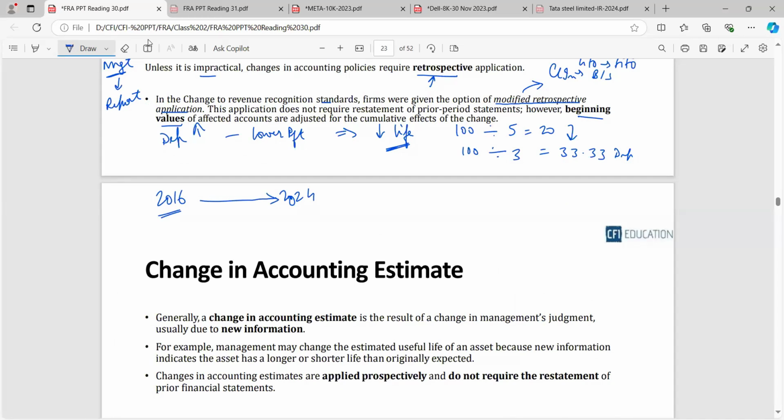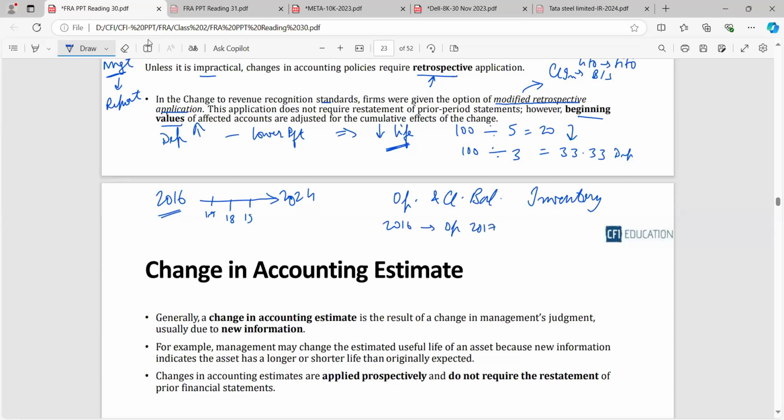But let's say we are standing at 2016. Instead of modifying all the years, 17, 18, 19, 20, and so on till 24, we will be changing the opening and closing balance of inventory in the notes to accounts for respective years, and the closing balance of 2016 would be the opening balance for 2017, guys.